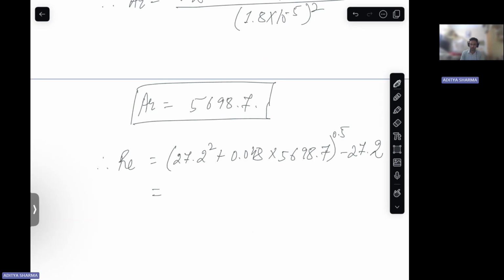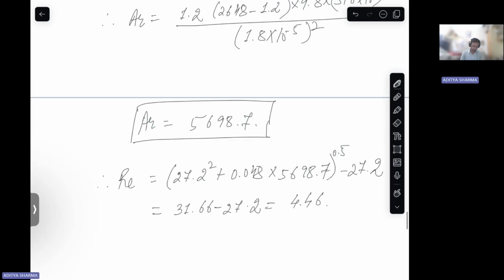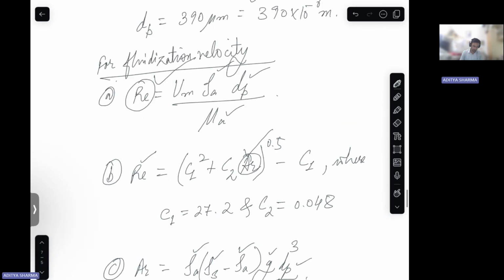If you solve this, please cross check the calculations, this will be 4.46, right? So now we have the Reynolds number value.